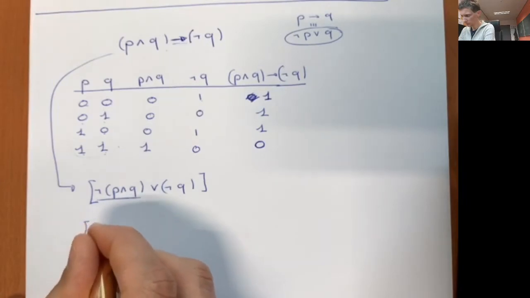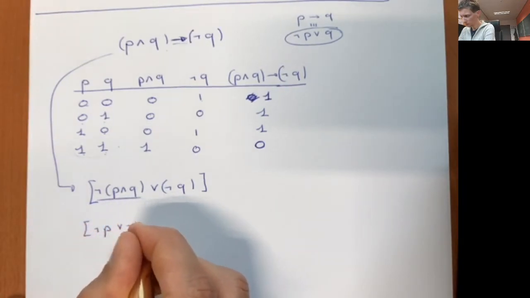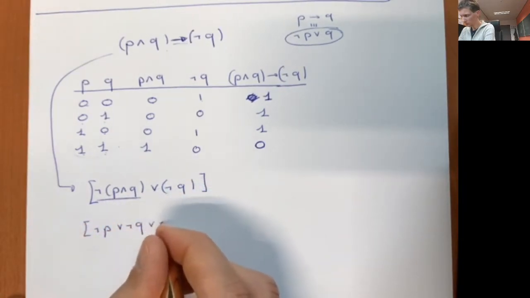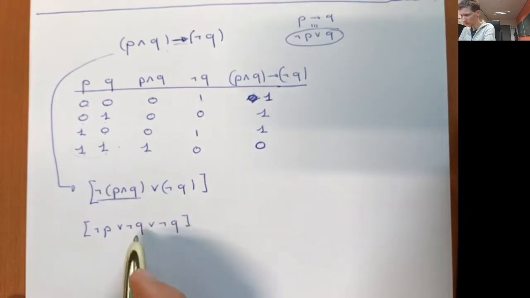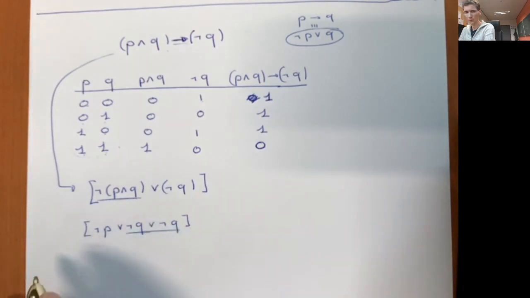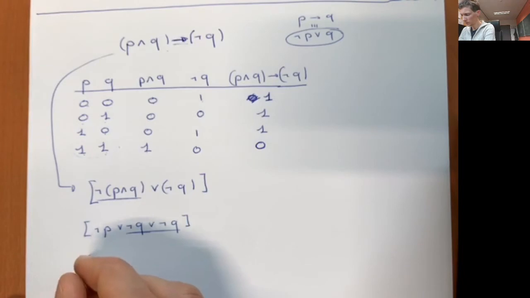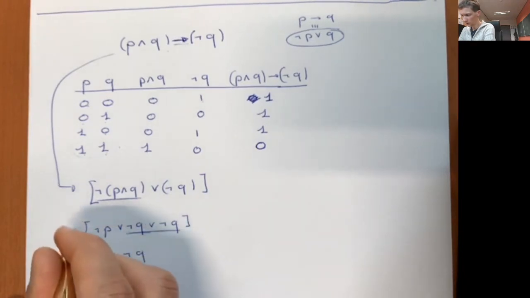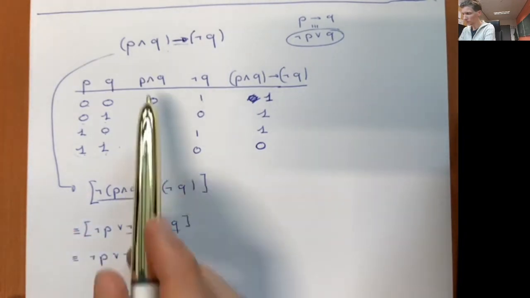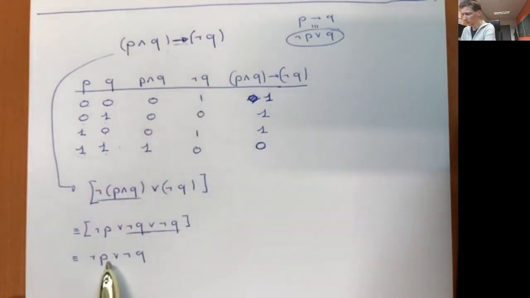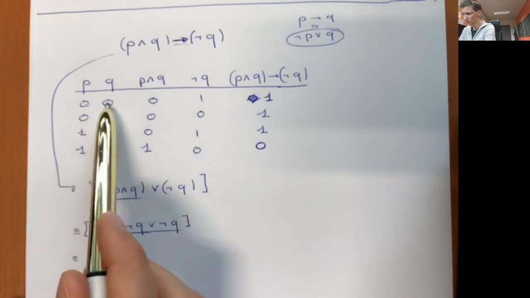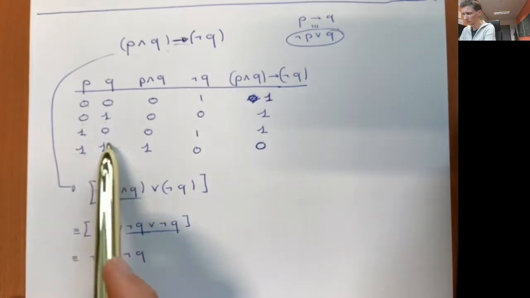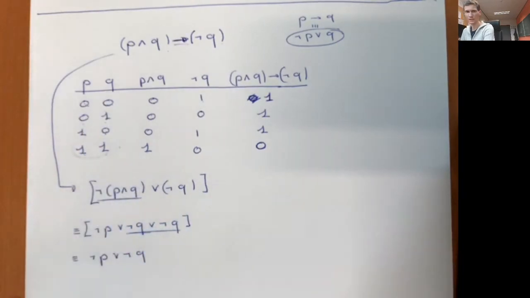So this becomes negative P or negative Q, and then or negative Q. And this last one is twice the same thing, not Q or not Q, so this is simply not Q. So we have the formula negative P or negative Q. Okay, so this formula will be true whenever P is false or Q is false, right? So this is either here, here, here, but not here because here both are true.